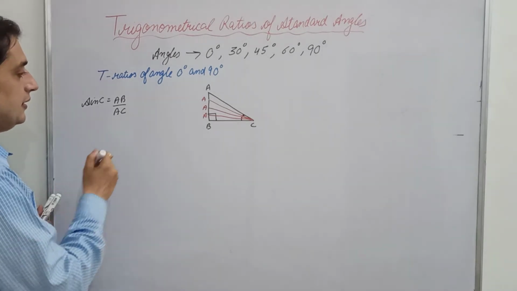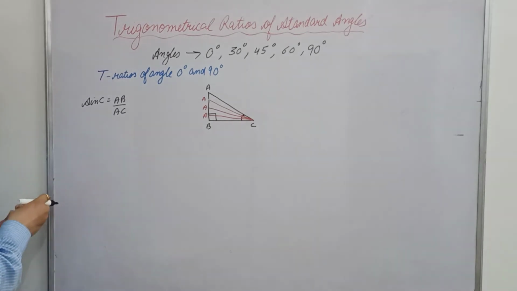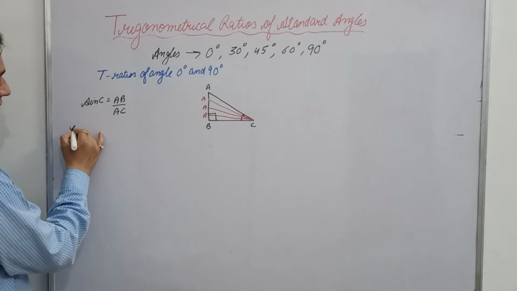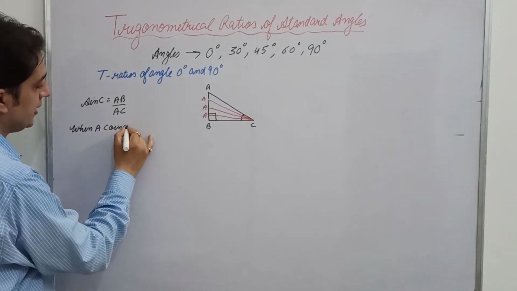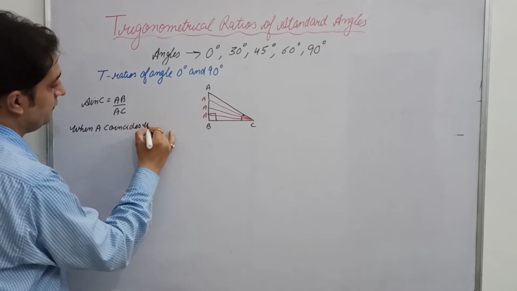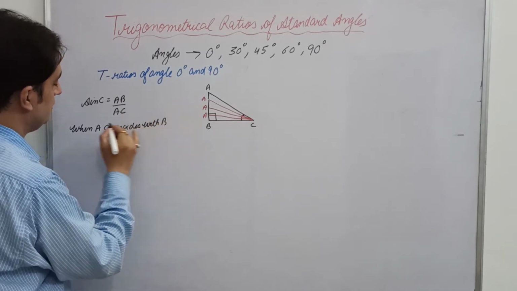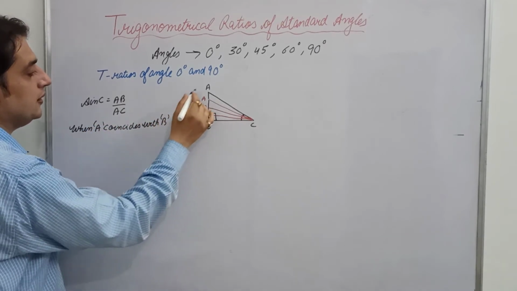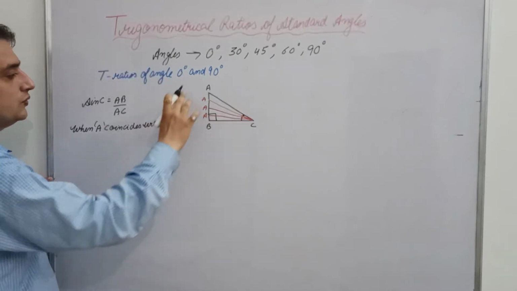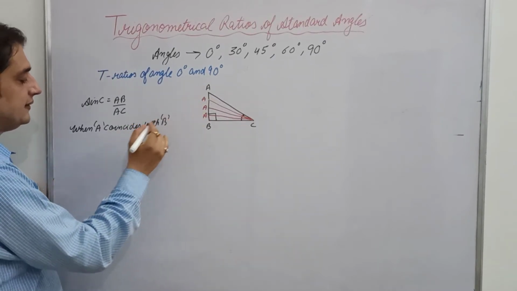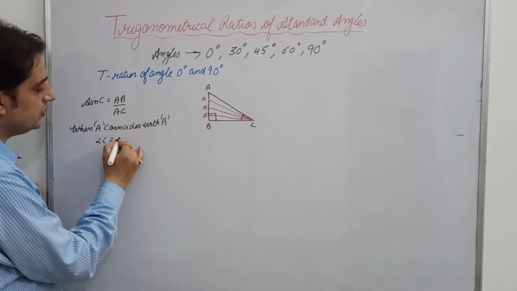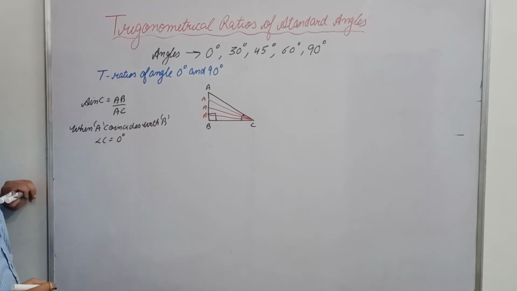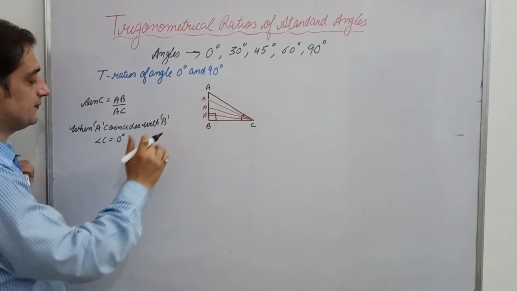So when A coincides with B, or as we bring A near to B, this length becomes smaller. At that time, angle C is equal to 0 degree because angles start decreasing.